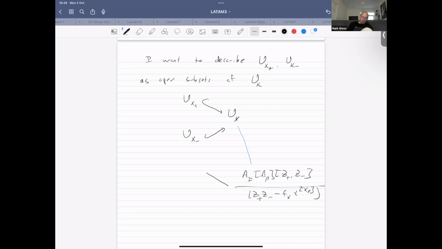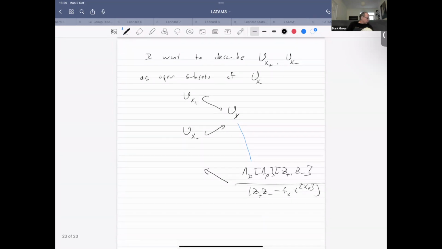And I need to define maps to the rings associated with ux plus and ux minus. So for ux plus, I will take AI bracket lambda sigma.